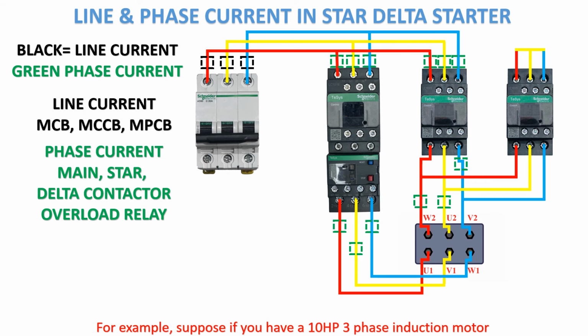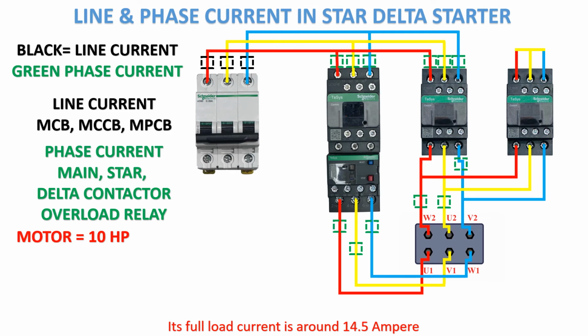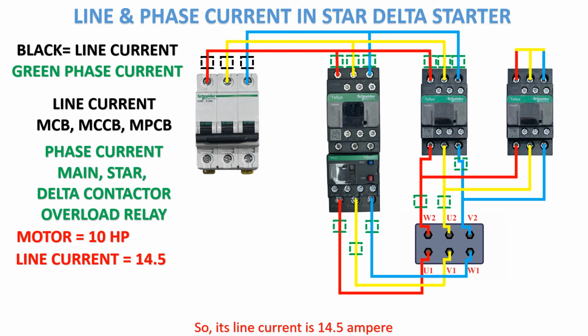For example, suppose you have a 10 HP 3-phase induction motor. Its full load current is around 14.5 ampere. So, its line current is 14.5 ampere. The formula to calculate phase current is line current divided by √3.